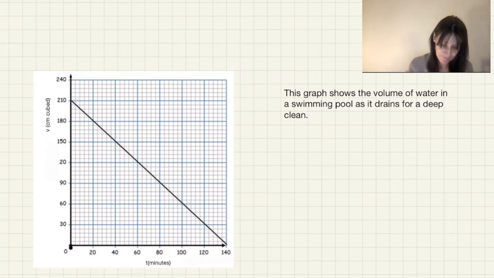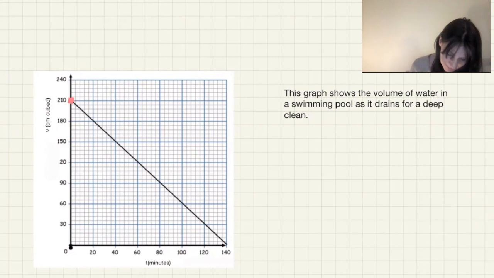Okay, so let's interpret the start of the line, which is here. So that is telling me that there is 210 centimeters cubed before the plug is pulled. Okay, so that's what that's telling me. So let's write that down.